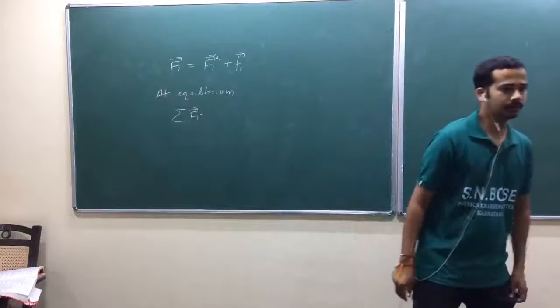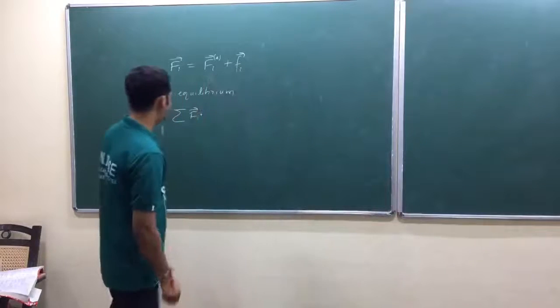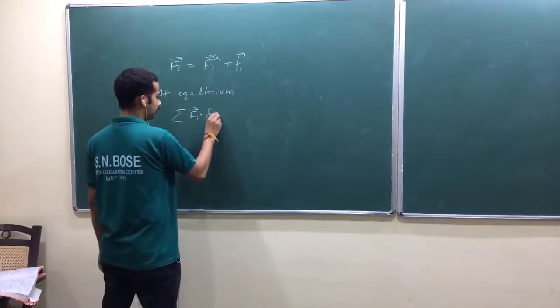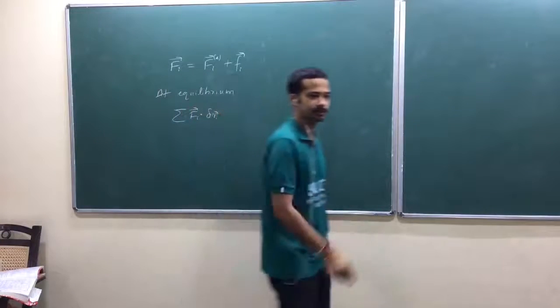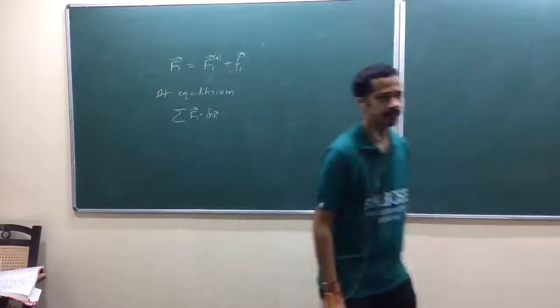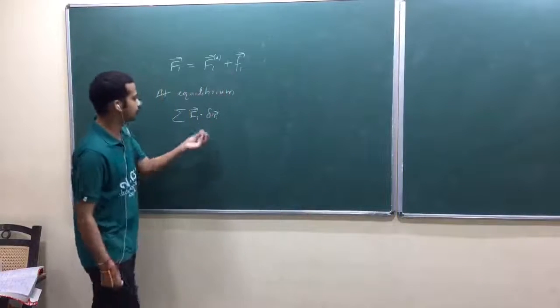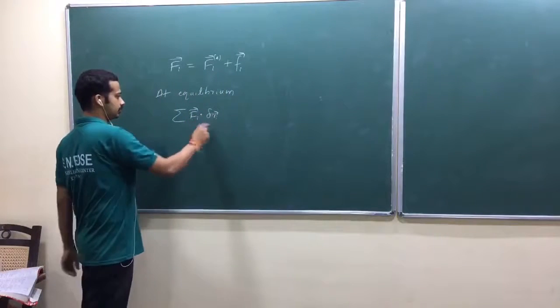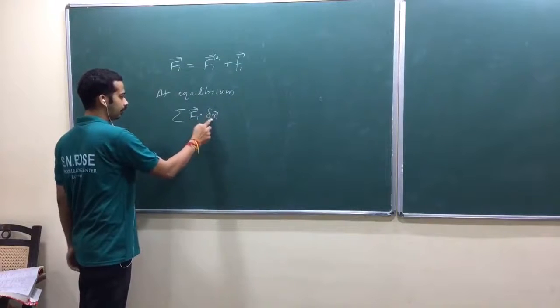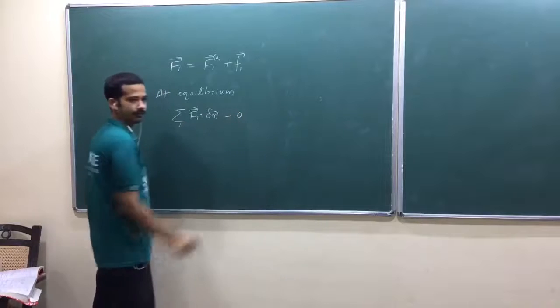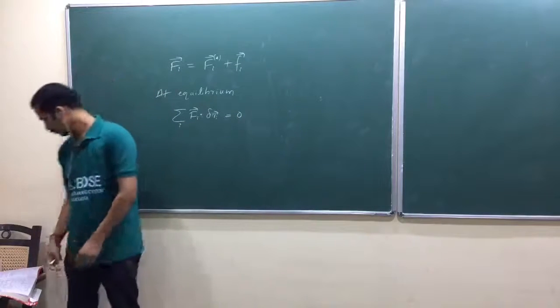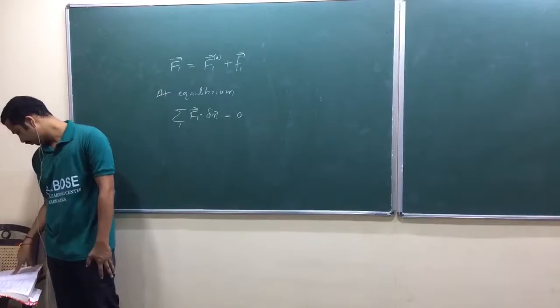Whenever force is 0, work done is also 0. Fi dot delta Ri, this is the displacement of the ith particle. Usually we call it virtual displacement. At equilibrium, this should be 0.